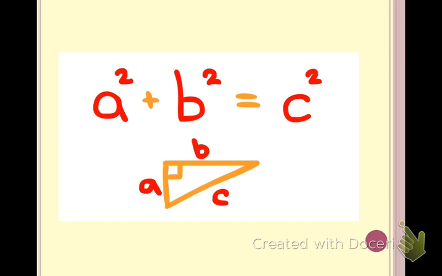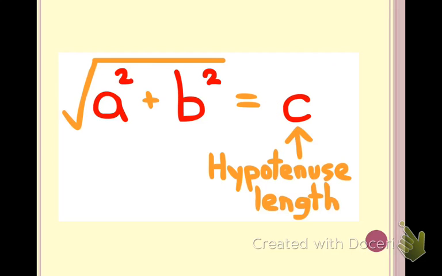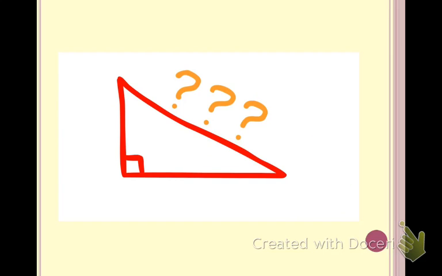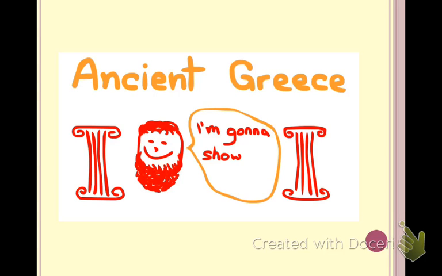To find the hypotenuse, take the square root of the sum of the two other sides squared, and then compute how do you find the hypotenuse's length if you know the length of the two other sides. Let's take you back to old ancient Greece. Pythagoras is gonna show you why. A squared plus b squared equals c squared.